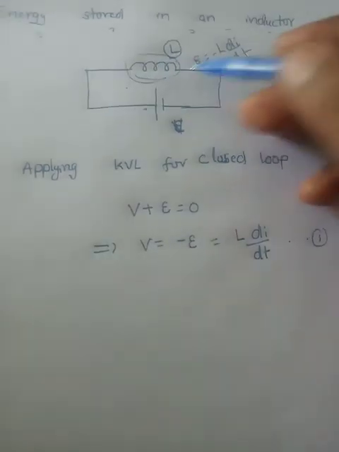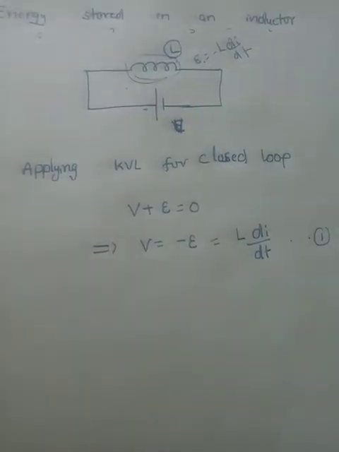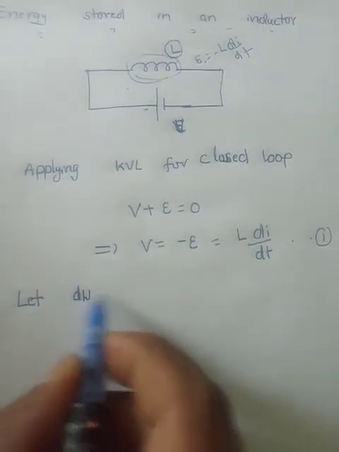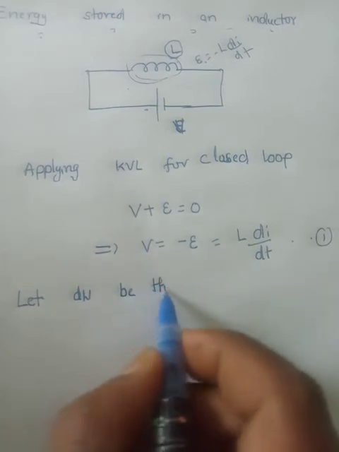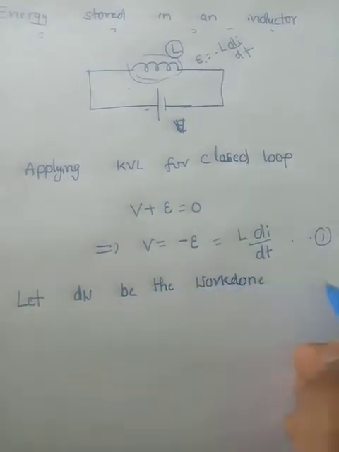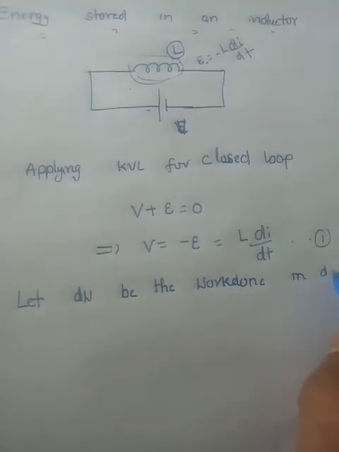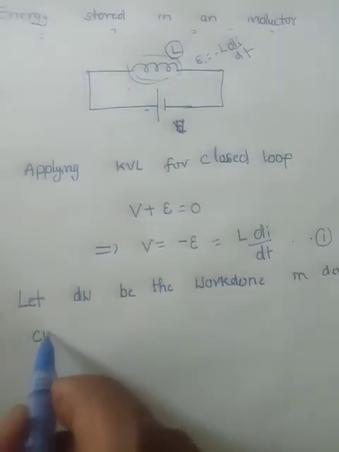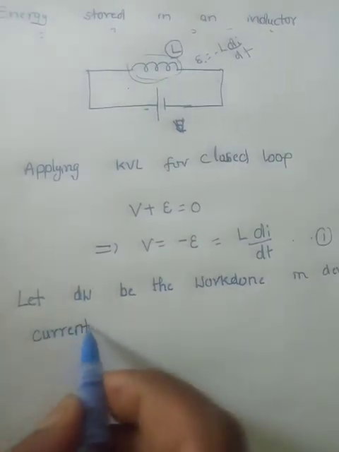To flow current in this circuit, because the induced EMF is opposing the change of flux, we must do some work to produce current. Let dW be the work done in developing current I in the inductor.